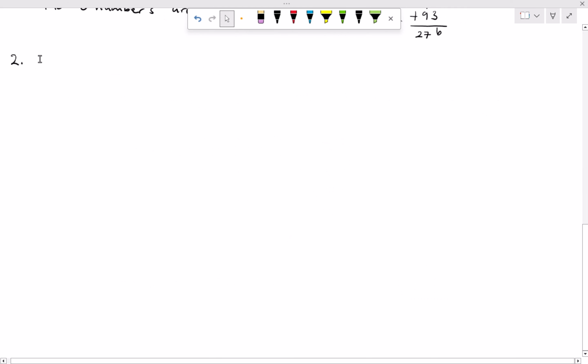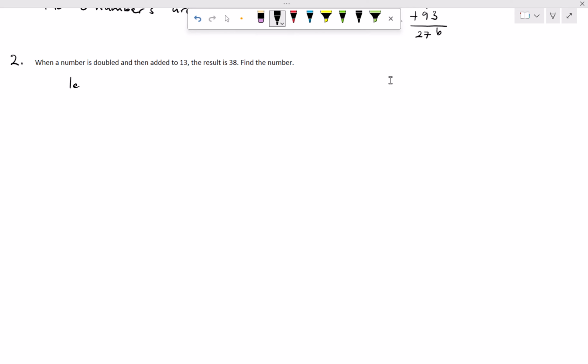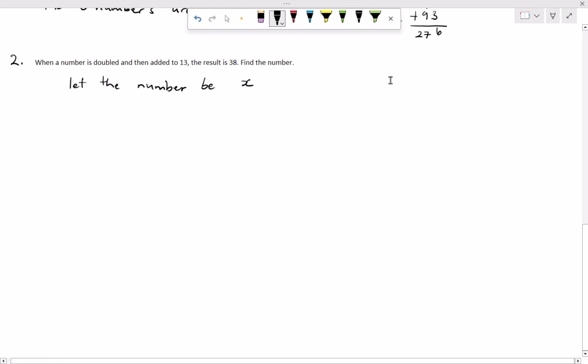Okay. So in the second example, we have this. When a number is doubled and then added to 13, the result is 38. Find the number. So first thing, we're going to let the number be x. When a number is doubled, that means 2 times x, and then added to 13, so it's the same as saying 13 plus 2x.